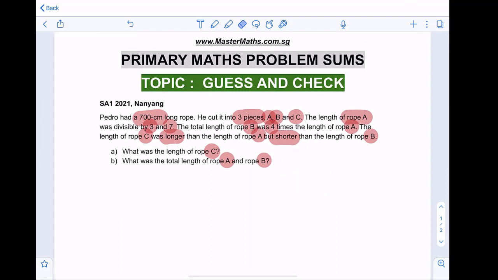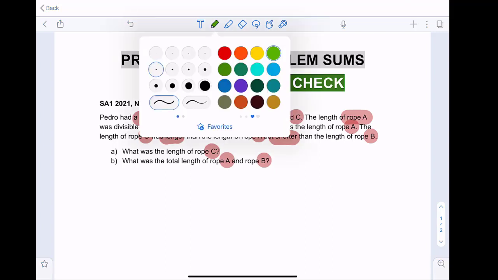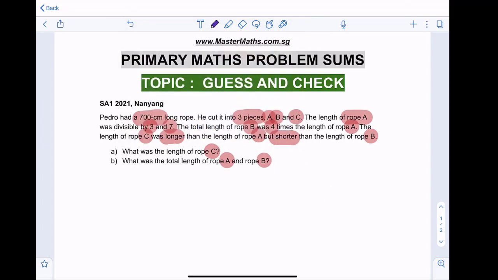So we will make some guesses as such, and from there we find rope B's length by multiplying by 4, and then we evaluate rope C by doing a subtraction. Okay, so let's try.